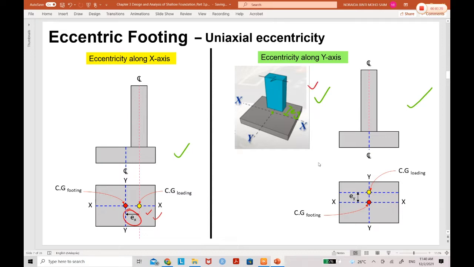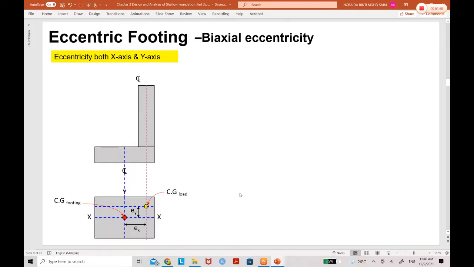However, along the y-axis here, this is the center of gravity for the footing, and this is the column, and the center of gravity of the column load is somewhere here. So we have eccentricity in the y direction. We need to take into account the eccentricity direction in order to determine the ultimate bearing capacity.